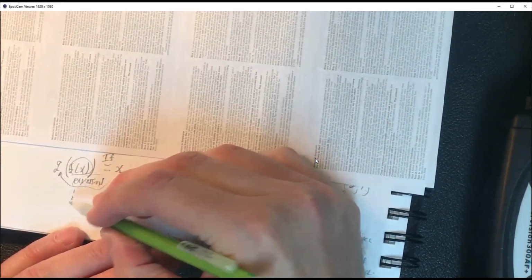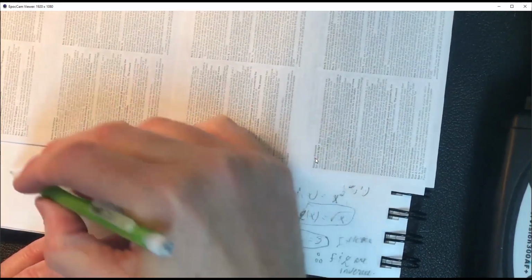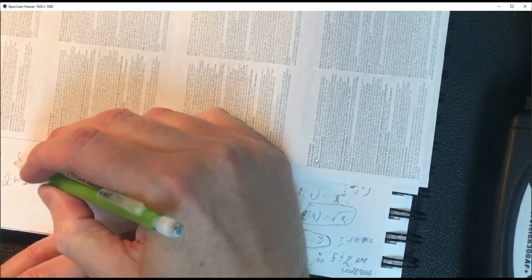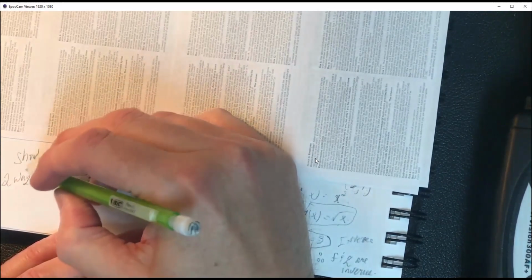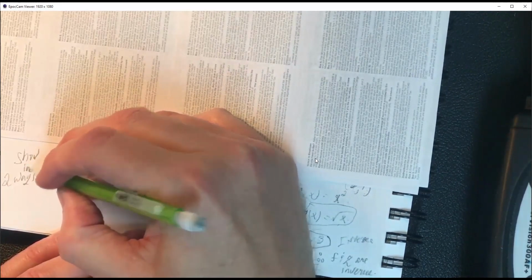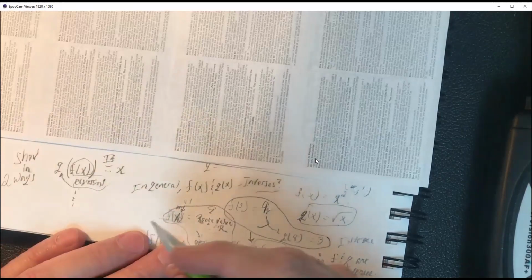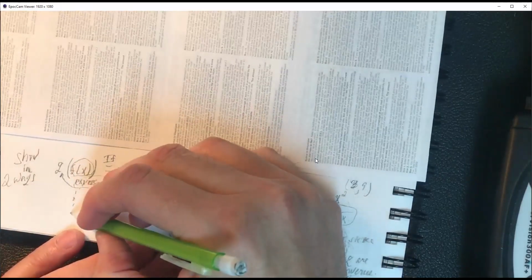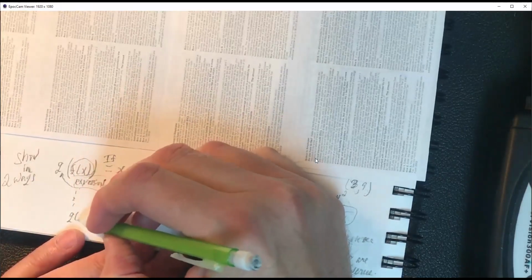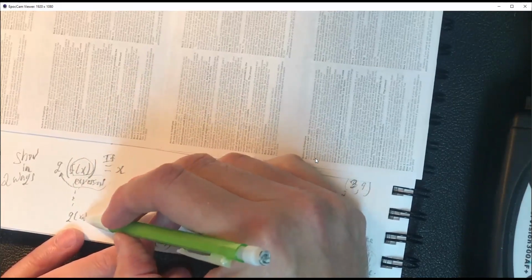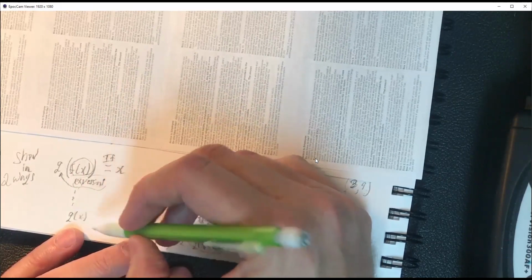But actually, we have to show it two ways. And the other way is just reverse. You first put a number into the g function.